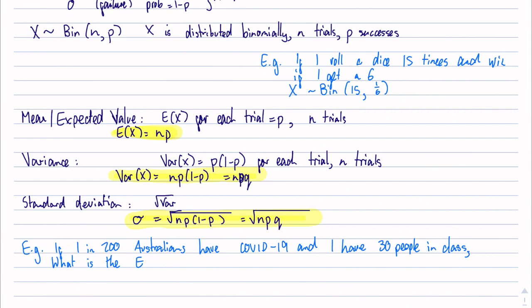Expected value. So how many people should I expect to have coronavirus in the class? What is the variance? And what is the standard deviation?